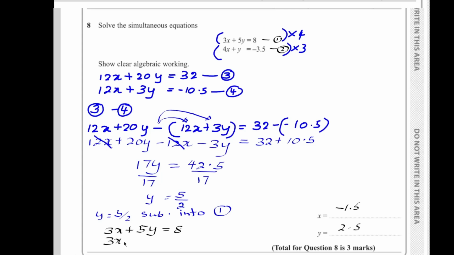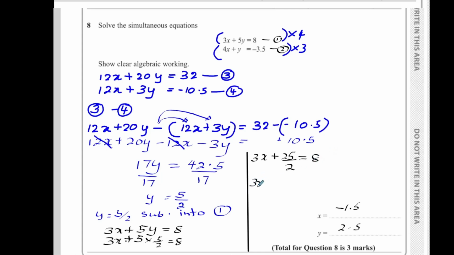So 3x plus 5 times 5/2 equals 8. Then I'm getting 3x plus 25/2 equals 8.